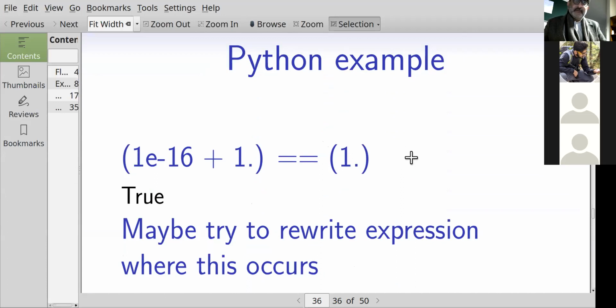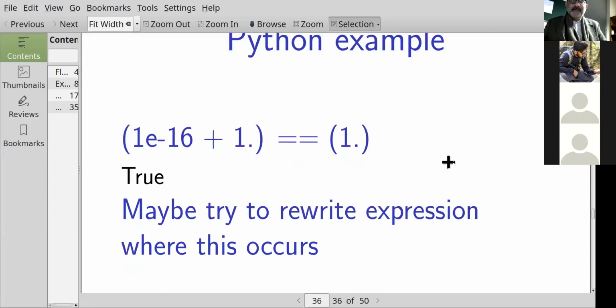So you're asking to check whether a mathematical statement is true or not. Here we're asking, is 10 to the minus 16 plus 1 identically equal to 1? And Python will tell you that it is. So what's happened there?